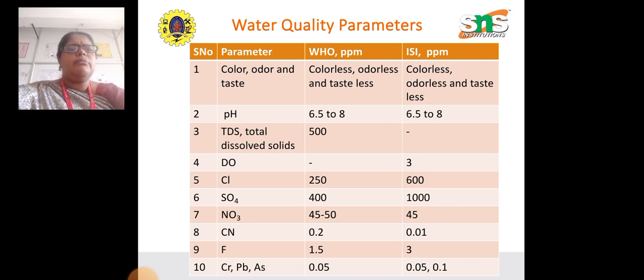Nitrate, WHO 45 to 50, ISI 45. Cyanide, WHO 0.2, ISI 0.01. Fluorine, WHO 1.5, ISI 3. Chromium, lead and arsenic, WHO 0.05, ISI 0.05, 0.1.